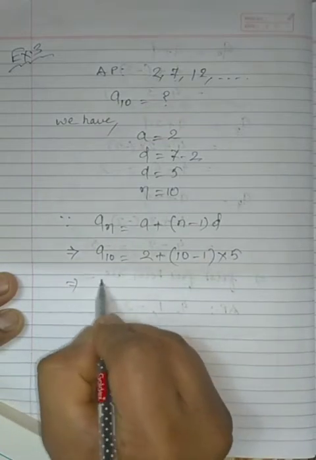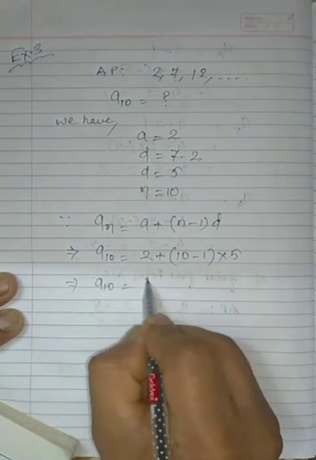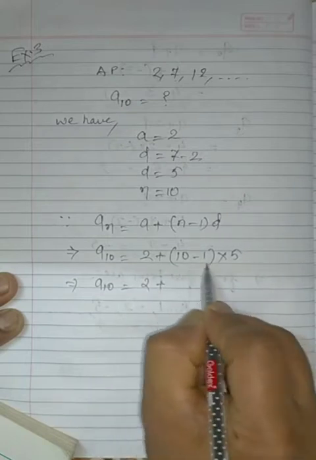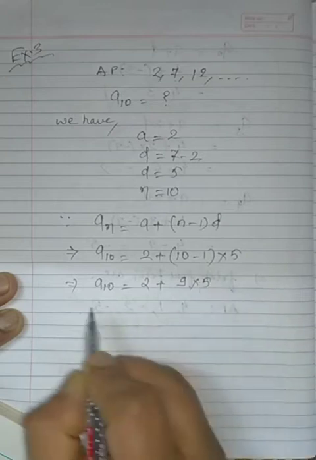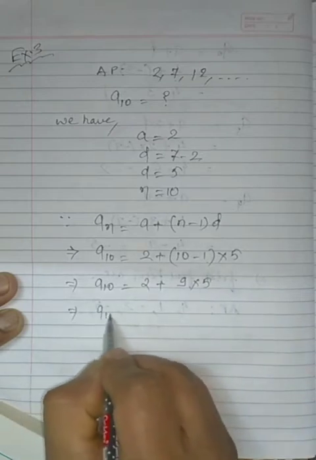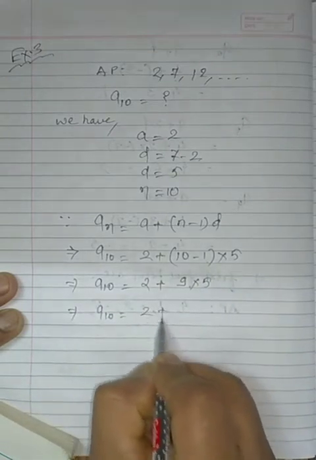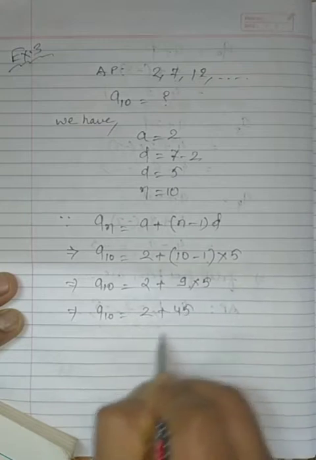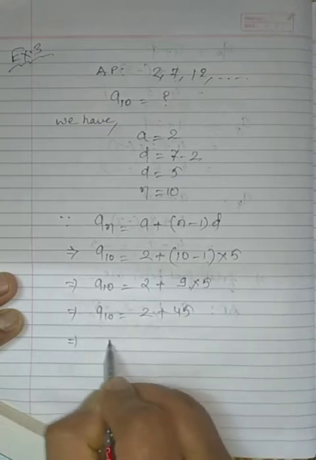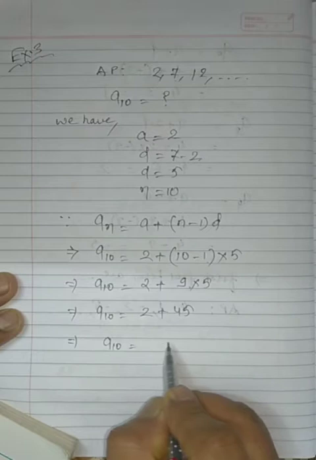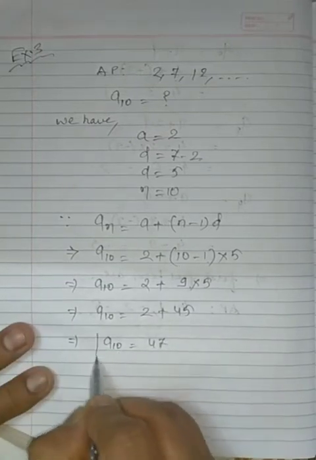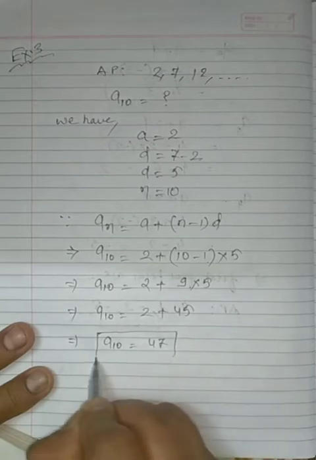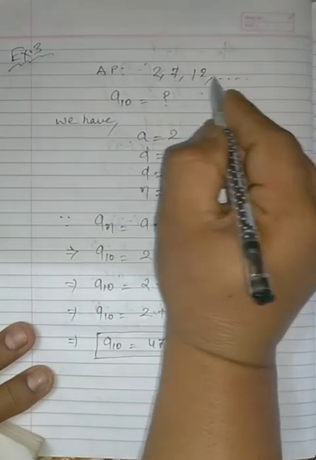That implies A10 is equal to 2 plus 9 into 5, so A10 is equal to 2 plus 45. Therefore, A10 is equal to 47. That means the 10th term of the given AP will be 47.